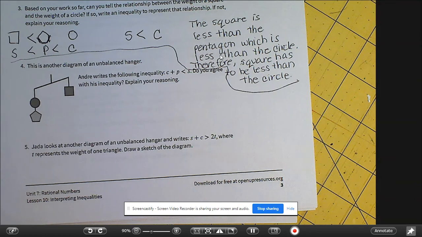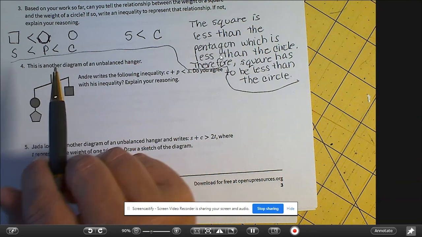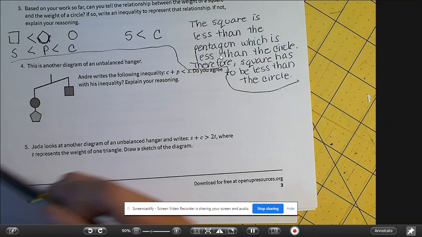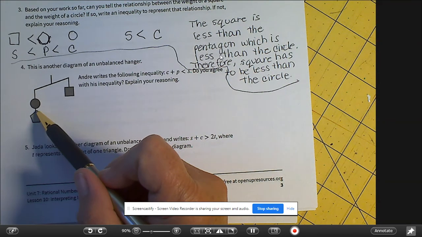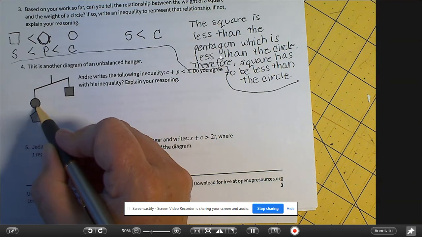All right, number 4. This is another diagram of an unbalanced hanger. Andre writes the following inequality: C plus P is less than S. Do you agree with this inequality? Explain your reasoning. So no, because these are clearly heavier.